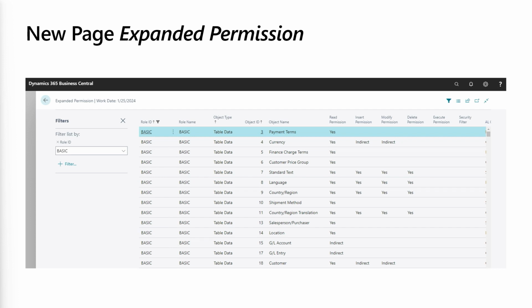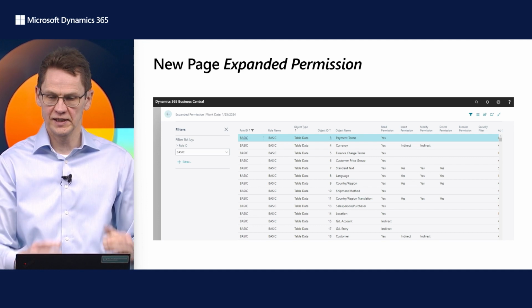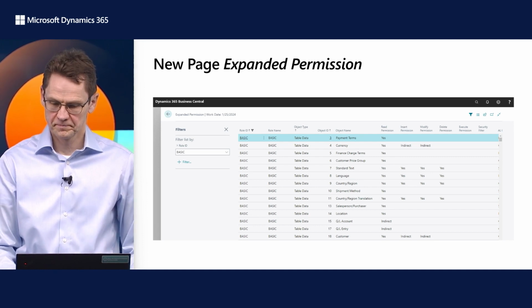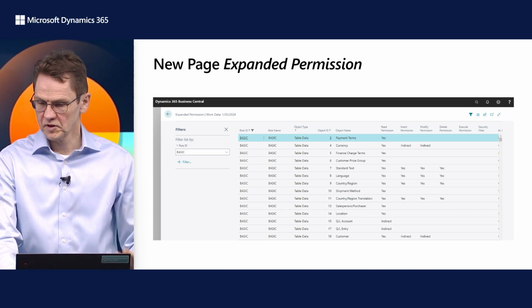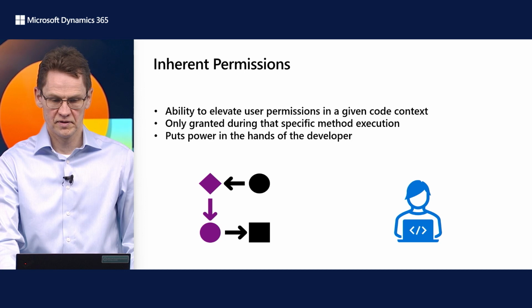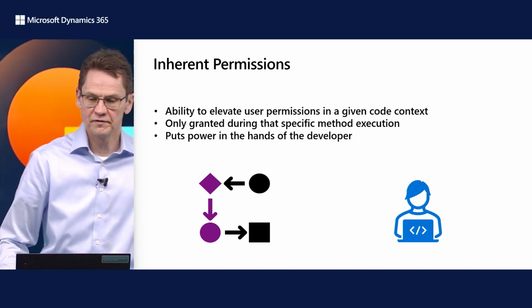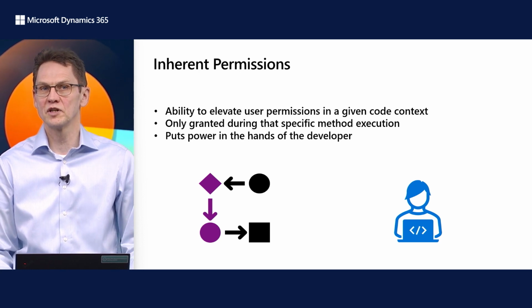What permissions did you end up granting or getting based on these exclusions and inclusions for each table? Now, another concept we have added is the concept of inherent permissions. This grants the developer the ability to elevate user permissions in a given code context.